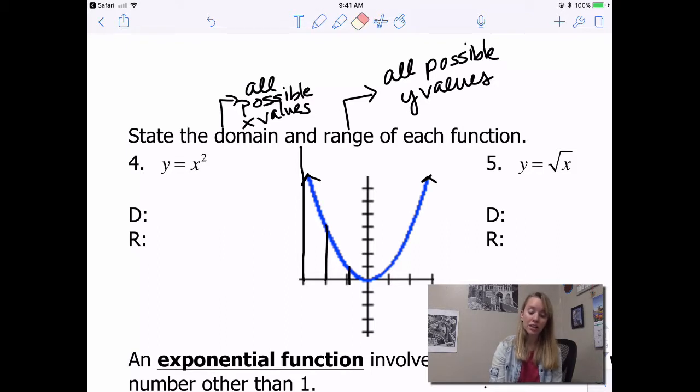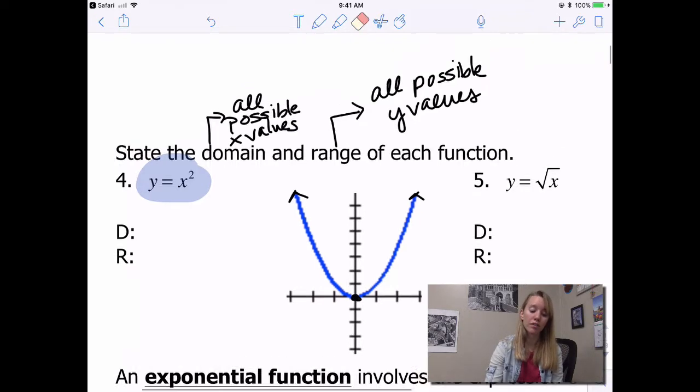I can also see that if I looked at the actual formula for the function, y equals x squared, and think about plugging in really big x values, you would get y values. Plugging in really negative x values would also get you y values. And notice that the x value 0 is also on our graph.